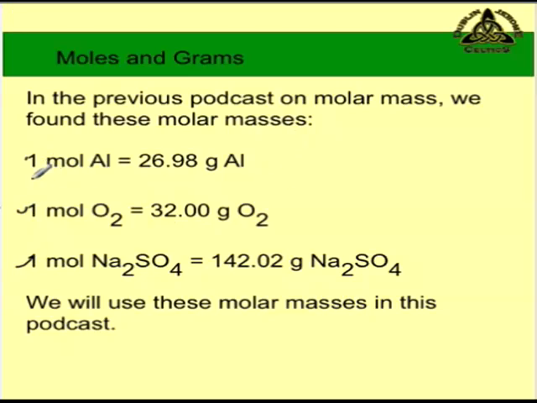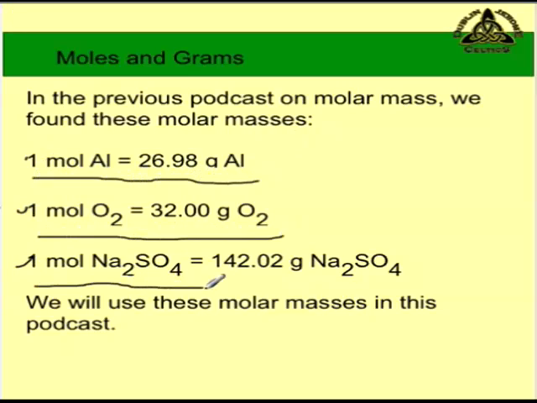So please write down 1 mole of aluminum equals 26.98 grams of aluminum. Write down in your notes 1 mole of O2 equals 32.00 grams of O2. And write in your notes 1 mole of Na2SO4 equals 142.02 grams of Na2SO4.